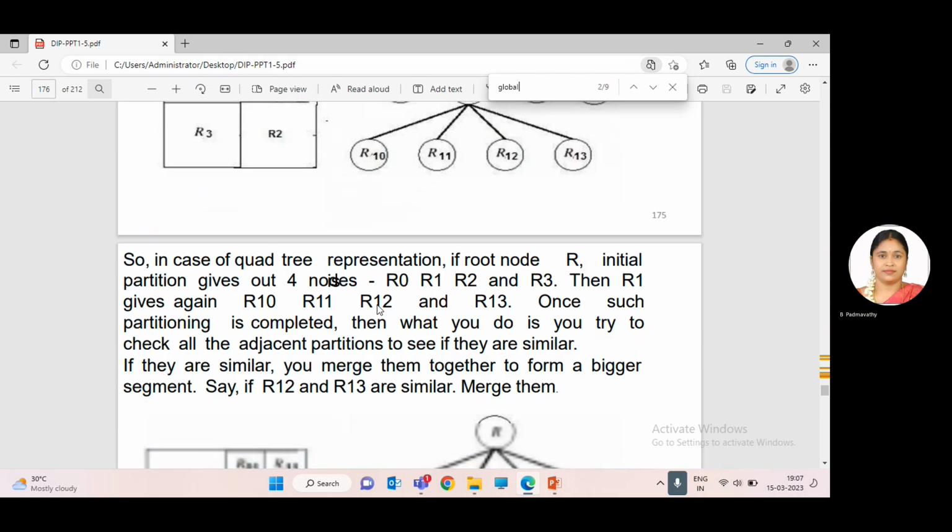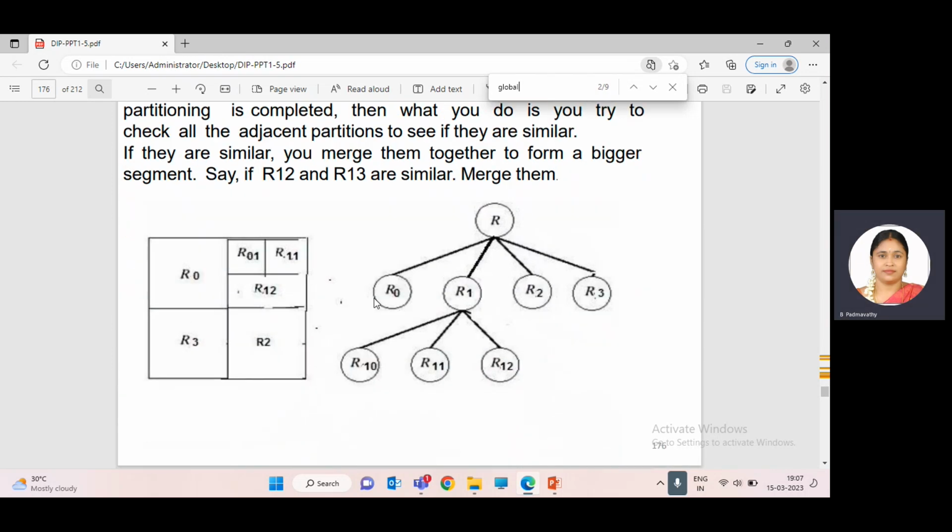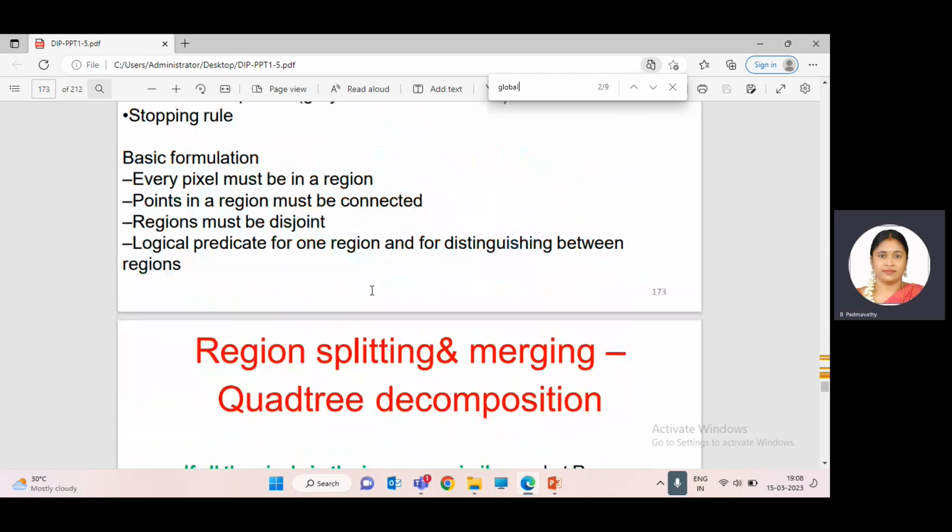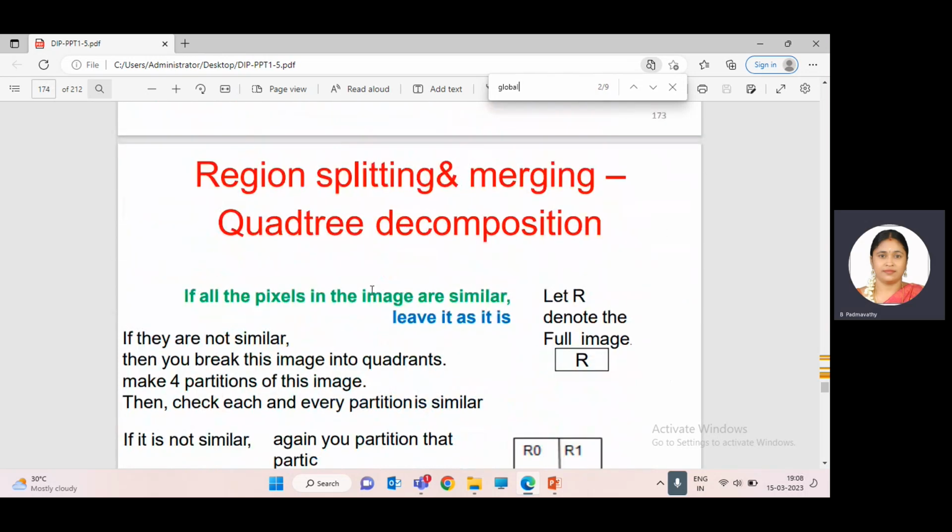So here ends the topic of splitting and merging. And we have seen the quadtree decomposition also. Here, pixels play an important role in an image. Pixels which are similar are left as they are, and those which are not similar are split or merged.